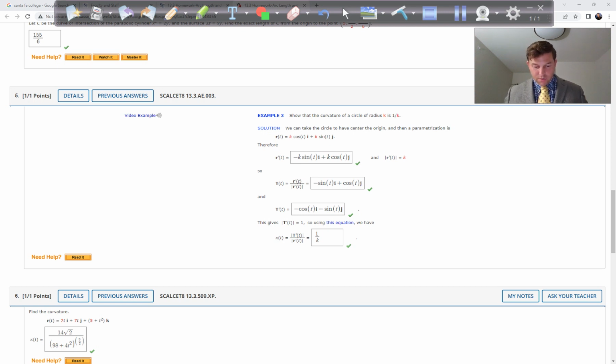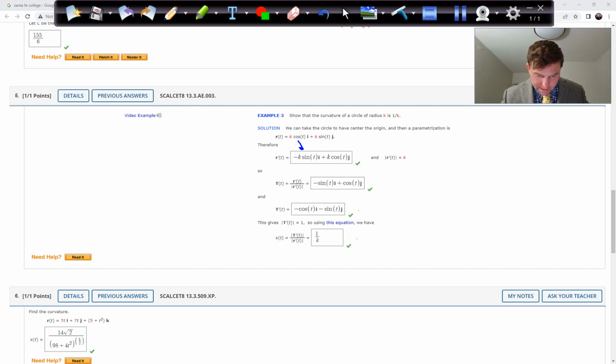Okay, so we take a derivative of this. The derivative of cosine is minus sine, and that k is there for the ride. The derivative of sine is cosine, positive, and the k is there for the ride. So that's the derivative. Then we're going to calculate the magnitude of this derivative.